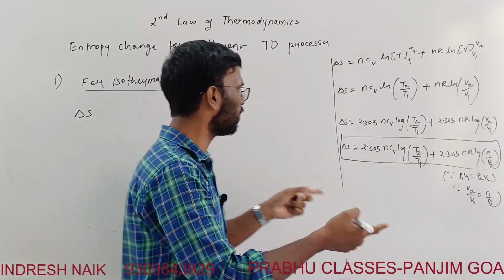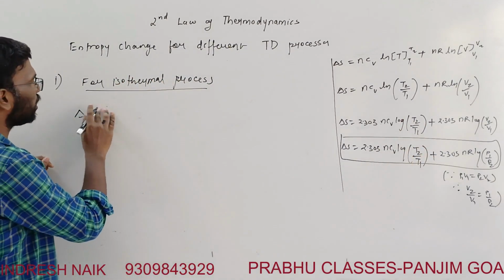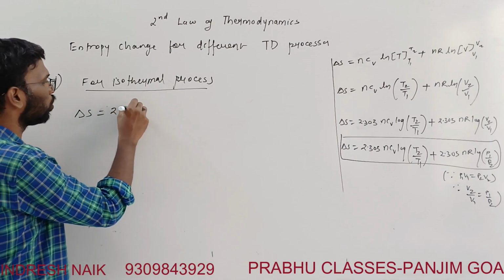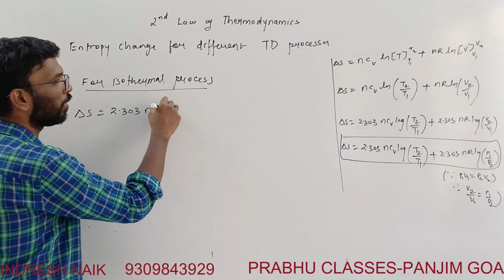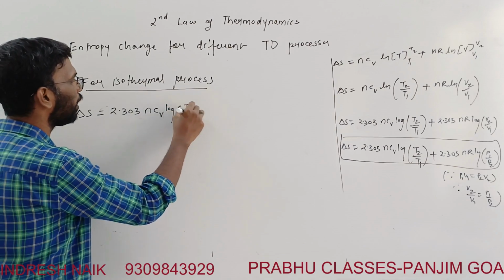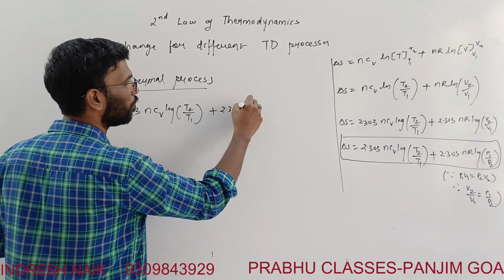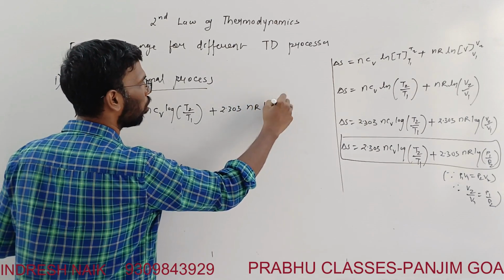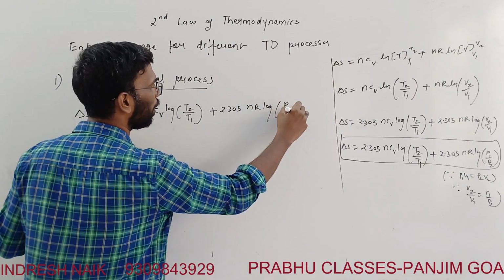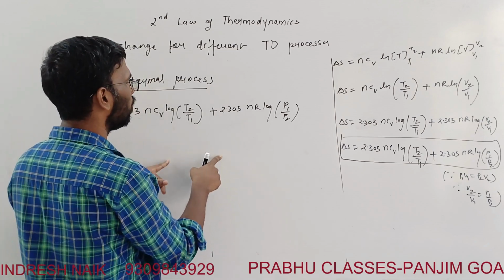I will write this equation over here: 2.303 nCv log of T2 by T1 plus 2.303 nR log of P1 by P2.